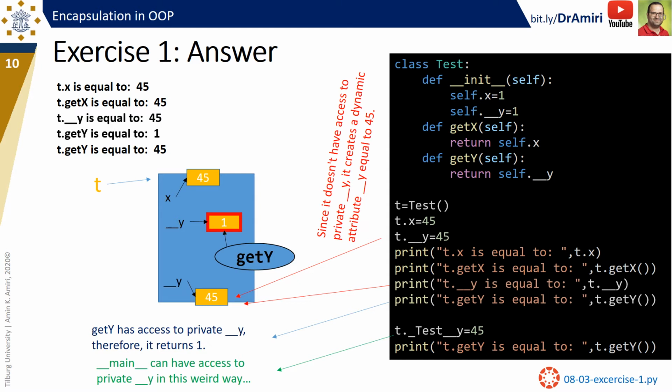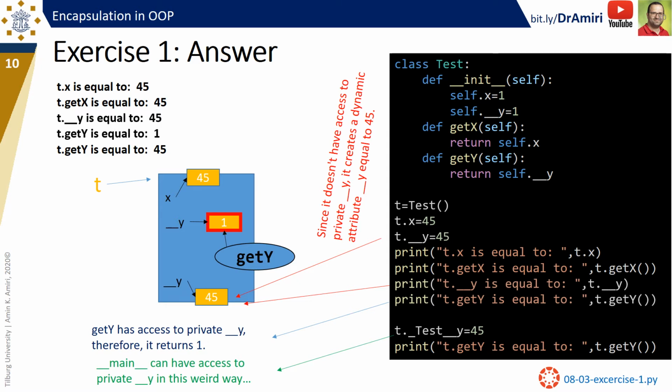In the third line, you see that I try to directly set the private attribute Y to 45. We know that we don't have access to private Y, but Python will think that you are trying to create a dynamic attribute, an attribute that is going to be created only for this instance of T, and other instances of test are not going to have it.